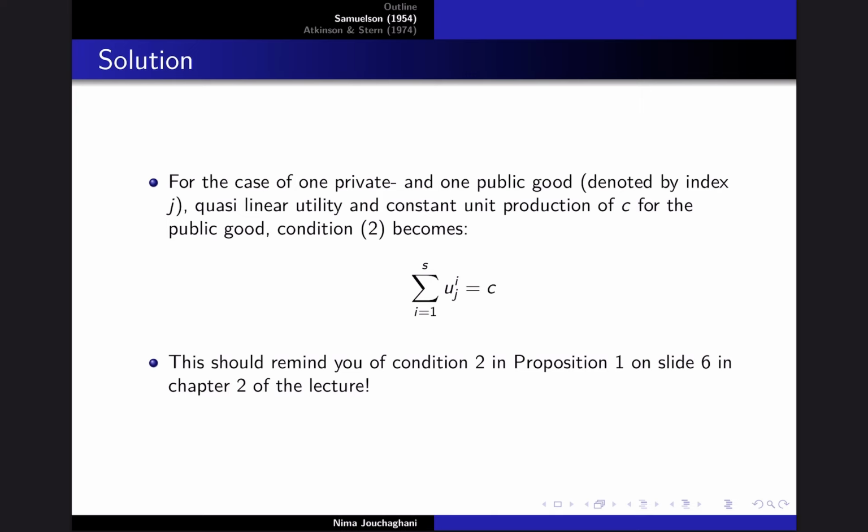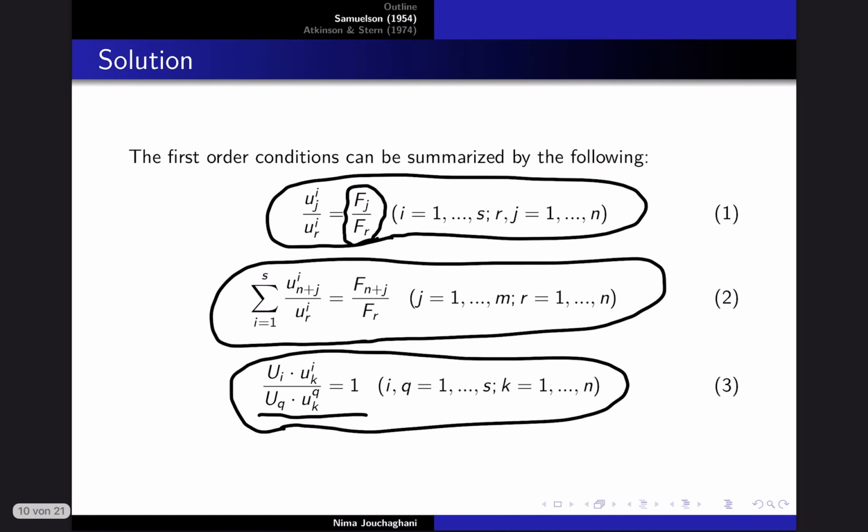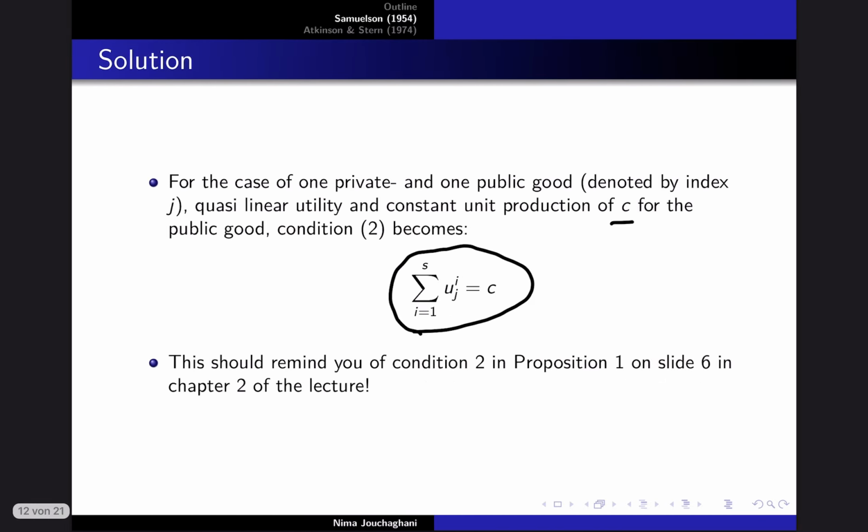This is what we had in the lecture slides. And if we have constant unit production costs of C for the public good, then condition 2 becomes this condition here.